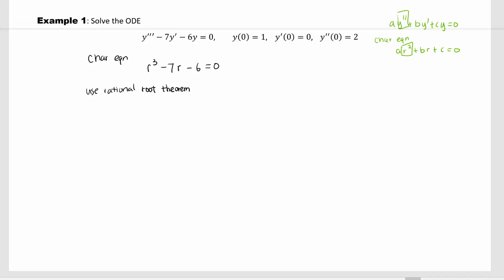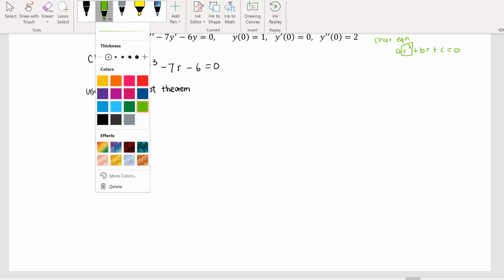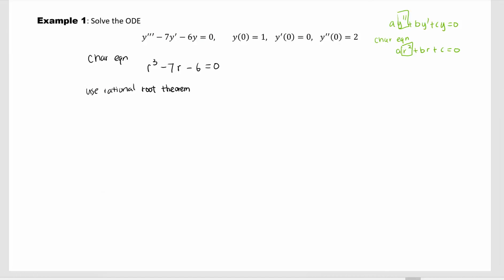First of all, we have to figure out what the constant term is. The constant term is -6. So what are the integer factors of the constant term? They are plus or minus 1, and then plus or minus 2, right? 2 is a factor of 6.